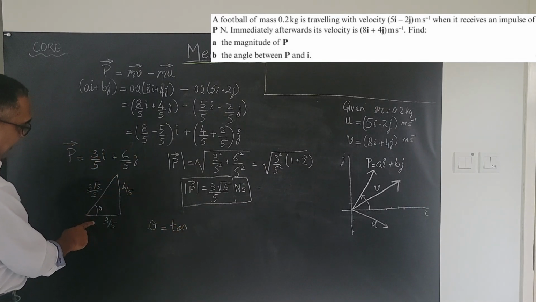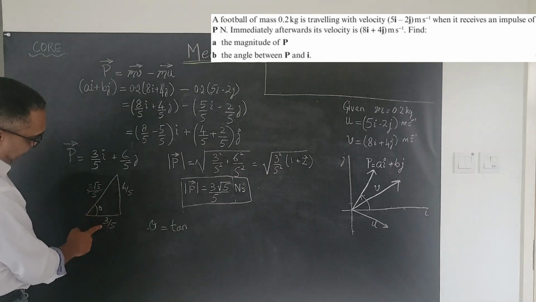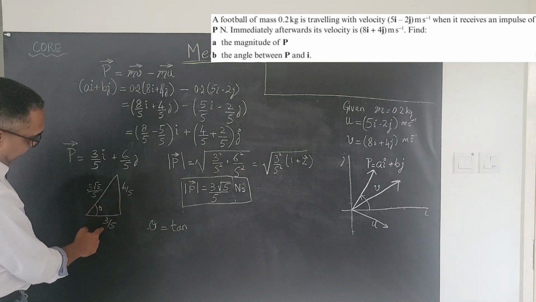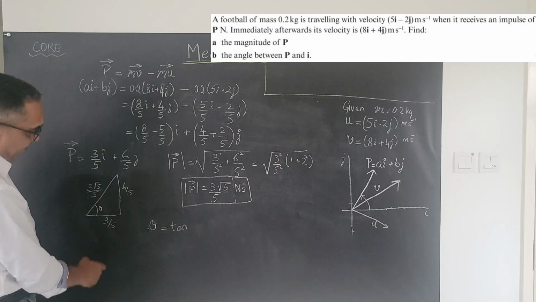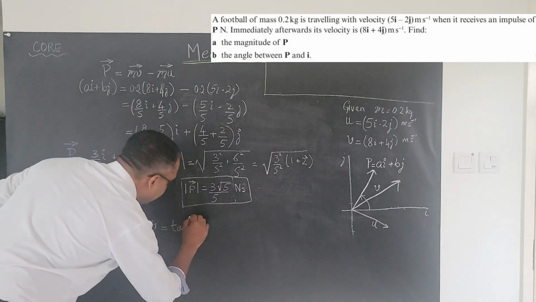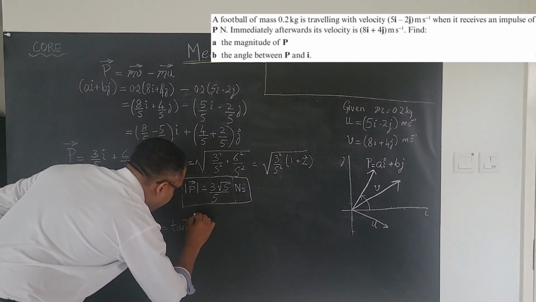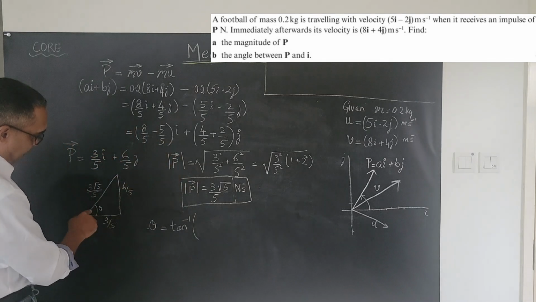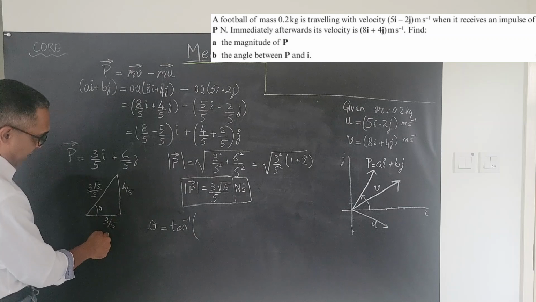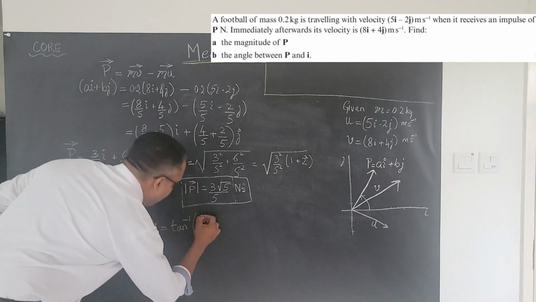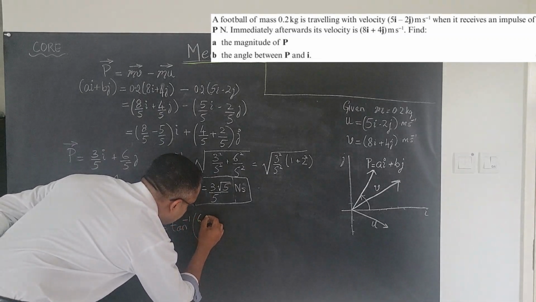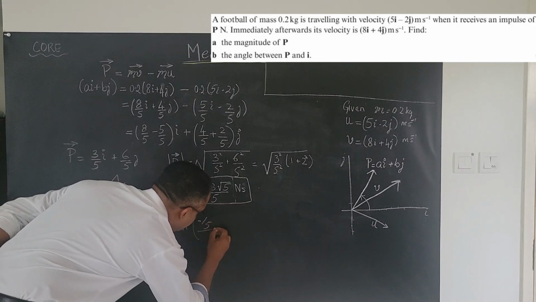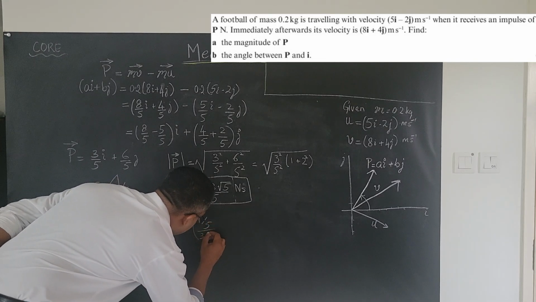So tangent of theta will be opposite by adjacent, which is 6 by 5 by 3 by 5, right? So it's the inverse tangent of this ratio, 6 by 5 divided by 3 by 5.